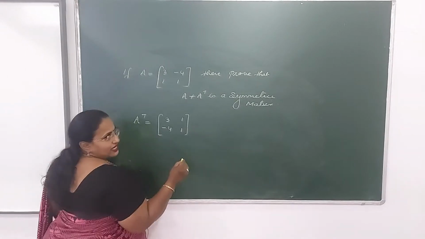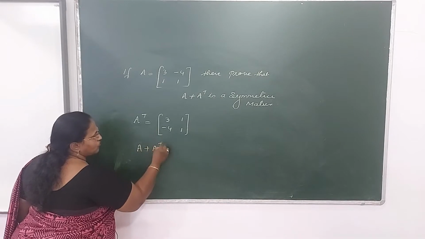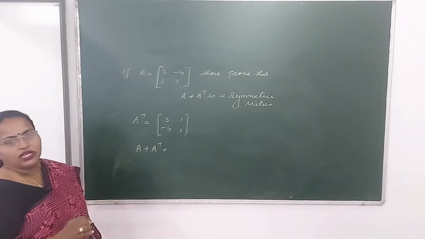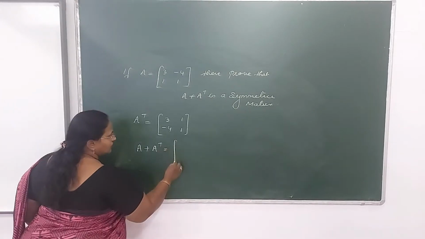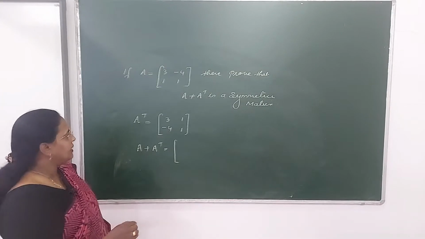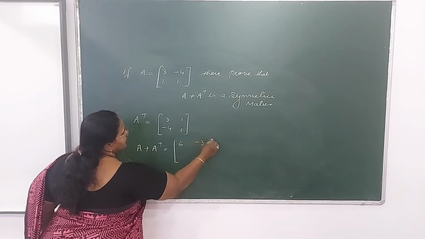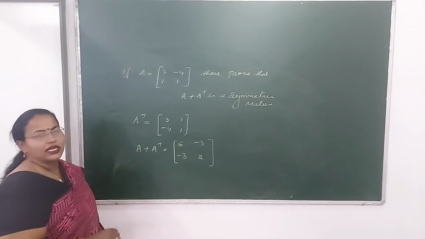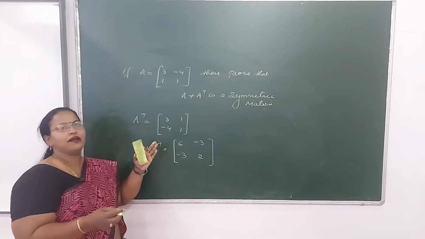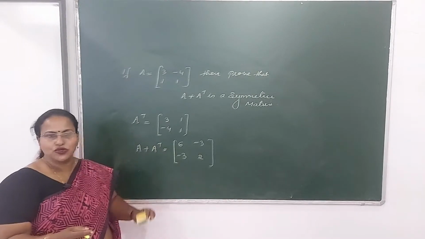Now what will be the next step? Find A plus A transpose. The two matrices can be added. For adding, entries at the same position are added. So 3 plus 3 is 6, -4 plus 1 is -3, 1 plus -4 is -3, and 1 plus 1 is 2. Now in order to check whether it is a symmetric matrix or not, you will check the transpose of this.